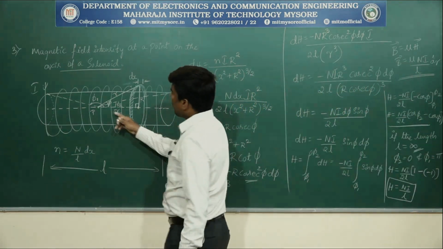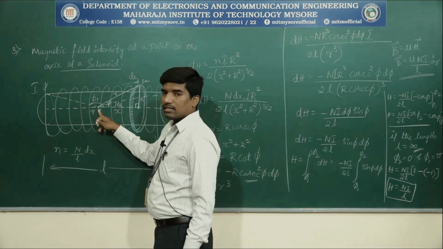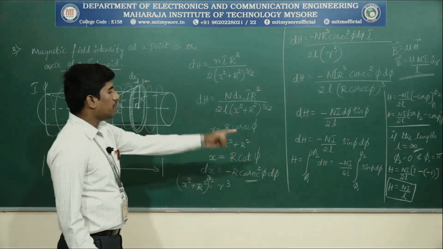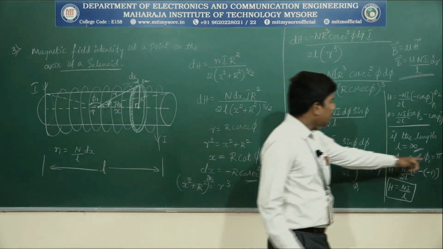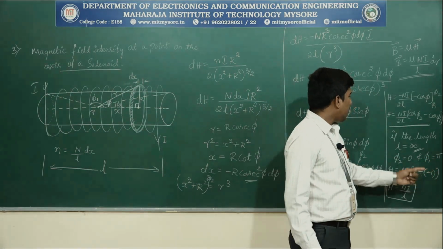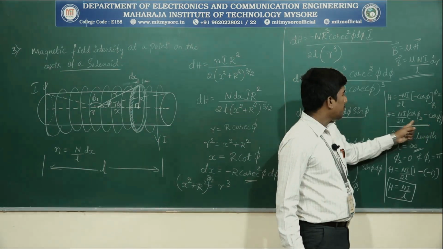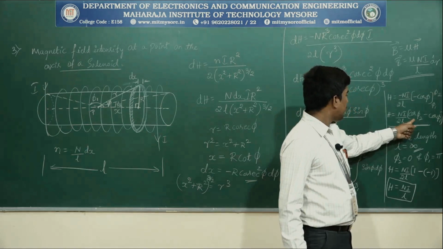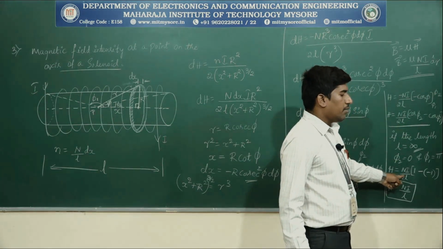Suppose the point P is taken on the axis and phi 1 becomes pi by 2. What will happen to this equation? Cos 90 is 0. Then this equation becomes n into I divided by 2L, that's it.